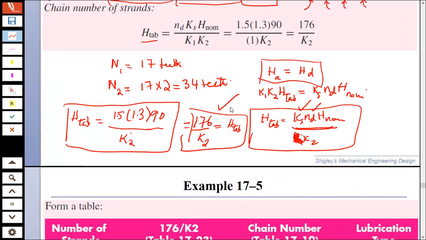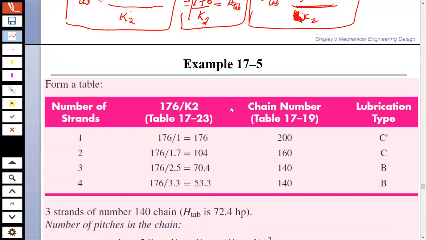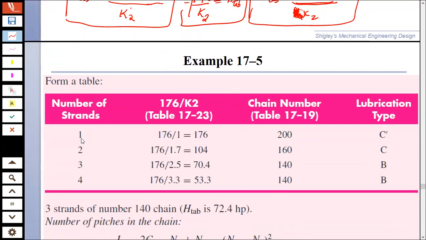For example, looking at table 17-3, for a single strand, my K2 is 1. So 176 over 1 is 176. Looking at this, I can use a chain number 200 with lubrication type C dash.